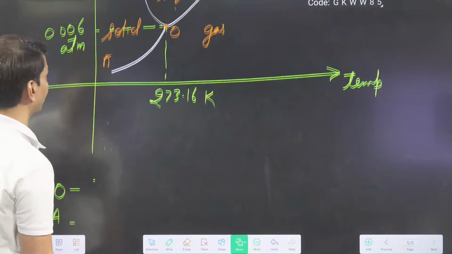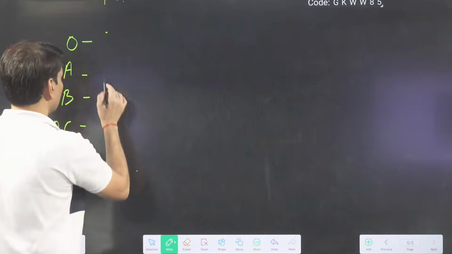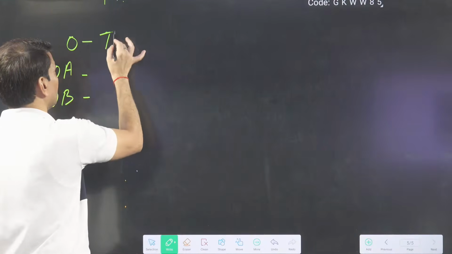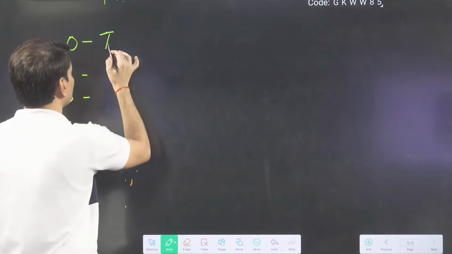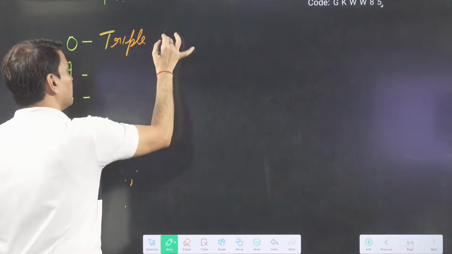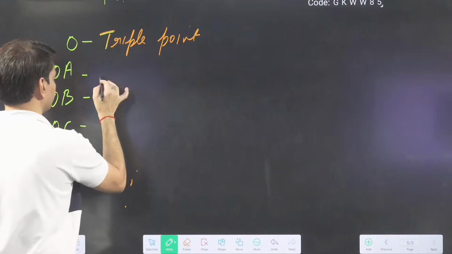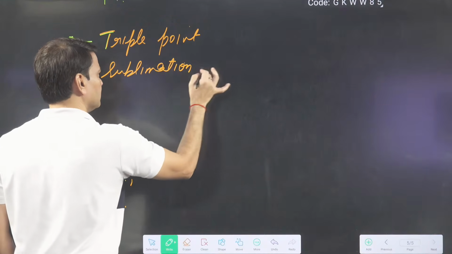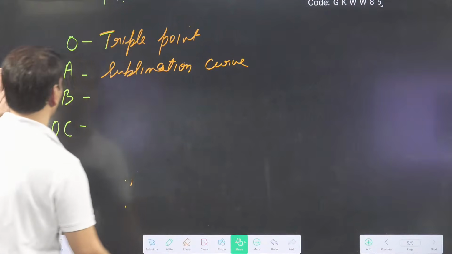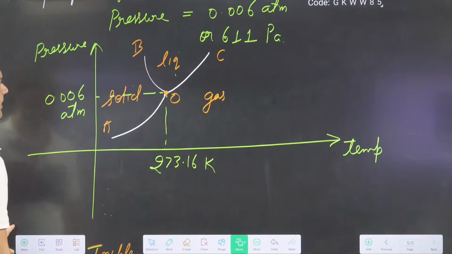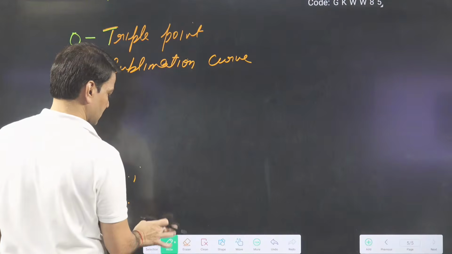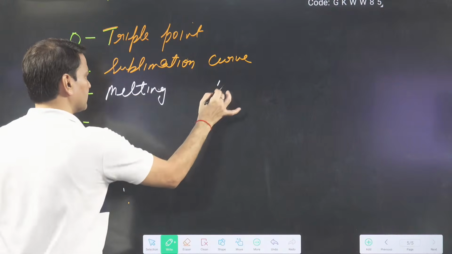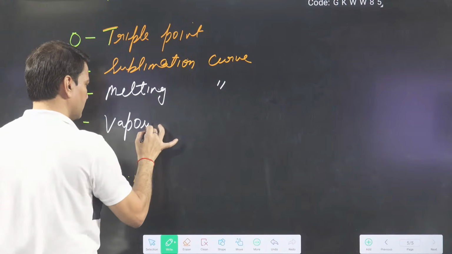So O is the triple point, OA is the sublimation curve, OB is the melting curve, and OC is the vaporization curve.